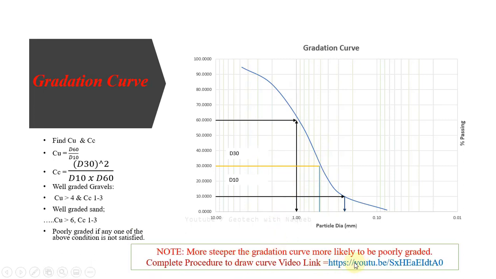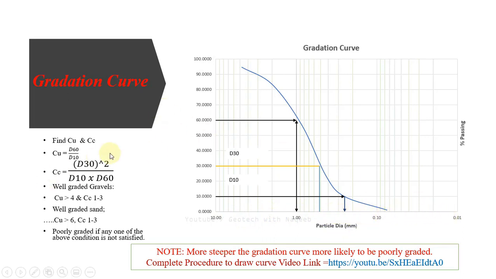You can check from this video how we can draw this curve. So now we will plot the graph between percentage passing and particle size in mm. This is a semi-log graph, so here you can see it is in logarithmic values.